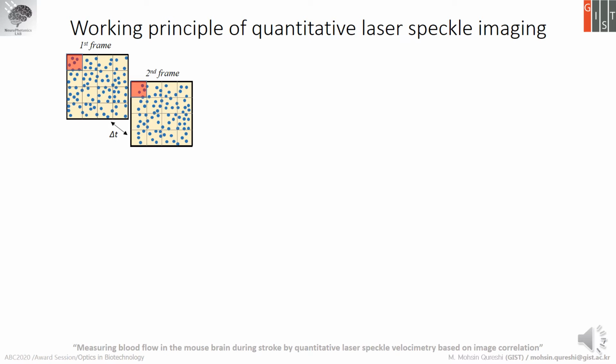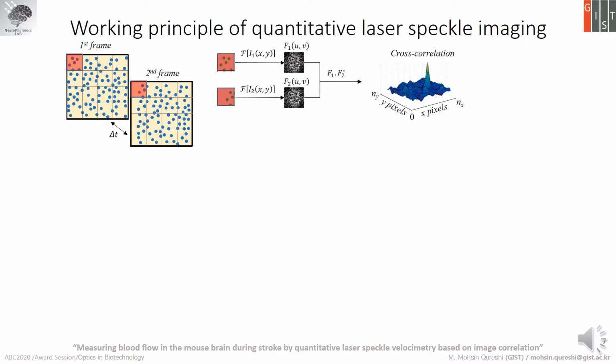The windows on the 2 consecutive images are at the same location. Taking the Fourier transform of the probing window and multiplying the first window with the conjugate of the second window gives the cross correlation map for that specific window.